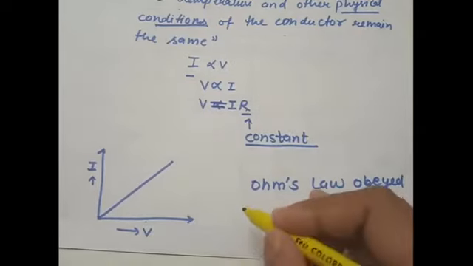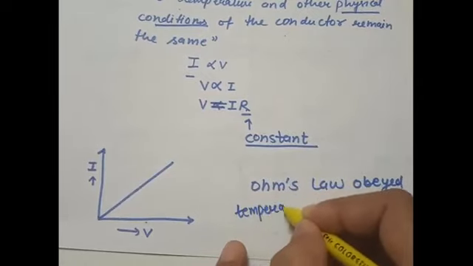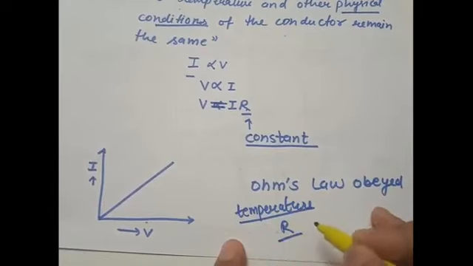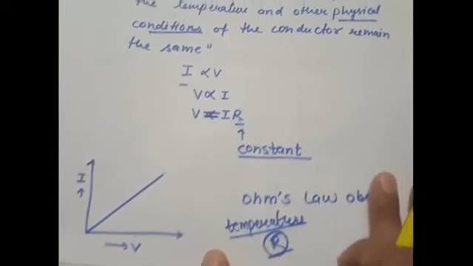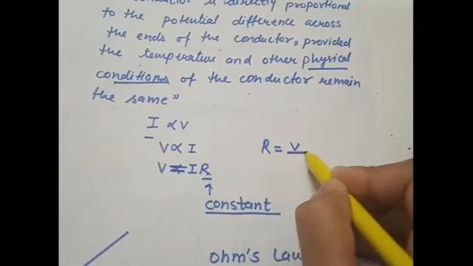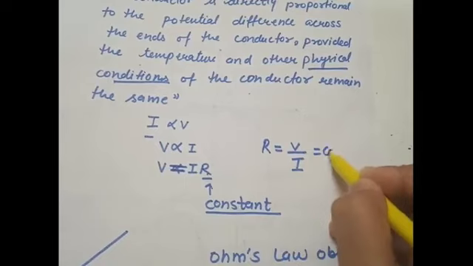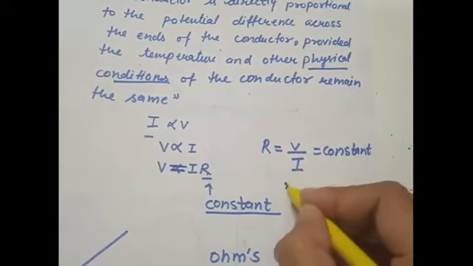But we know about the metals, they have lower temperature. But as the temperature rises, what happens to the metals? Their resistance increases. And because of this increase in resistance, this resistance, which was earlier the ratio of voltage, potential difference, to the current, and that was a constant value, is now not constant.